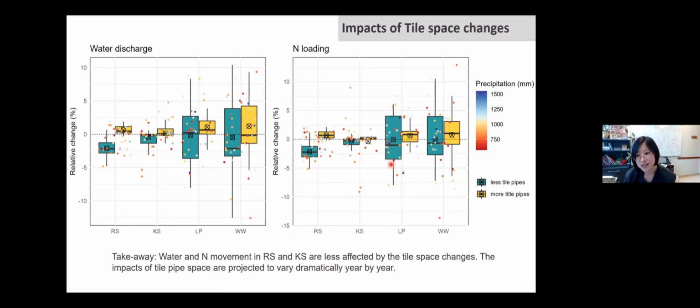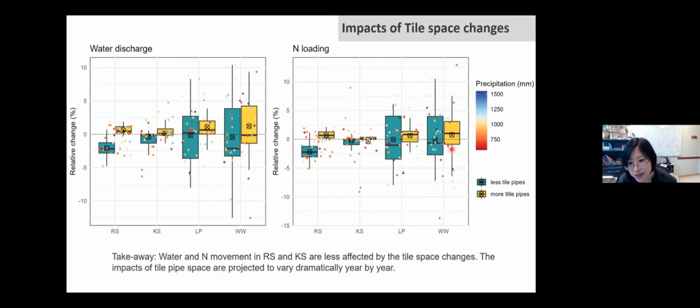Now let's take a look at the model predicted impacts of a tile space change. Likewise, the dots represent the annual change percentage in two alternative scenarios compared with the baseline. The green box shows the water and nitrogen loading changes with less pipeline, and the yellow box represents more tile pipelines.